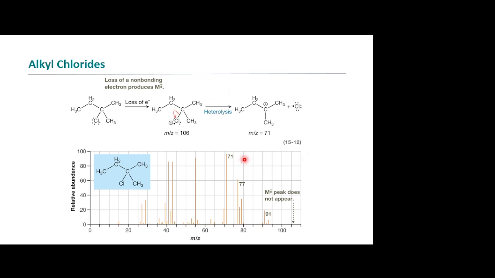Oftentimes when you have things with lone pairs, especially things that are pretty good leaving groups in and of themselves, that have a fairly high electronegativity, they end up being your base peaks, or something very close to your base peak in height. It's just the loss of that bromide, the loss of that chloride, very common.